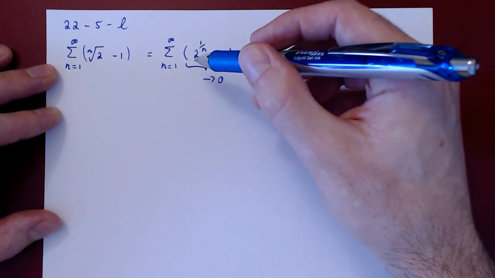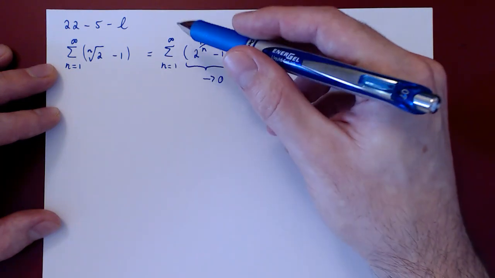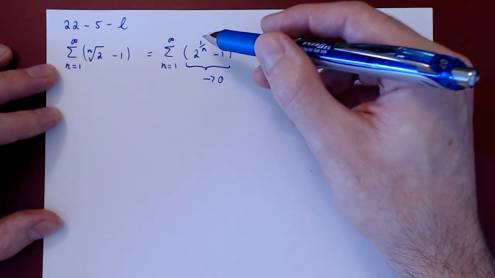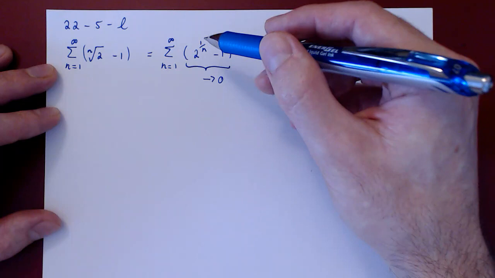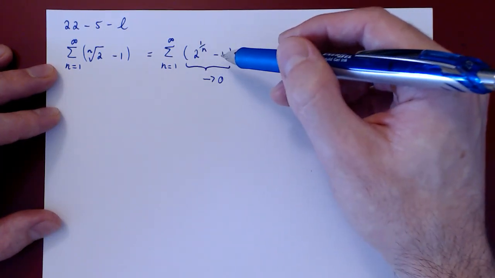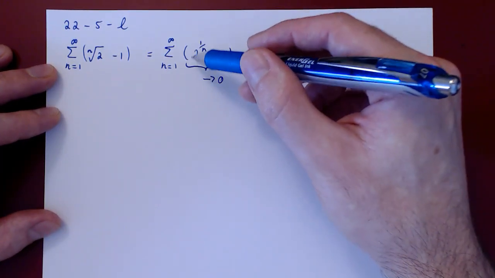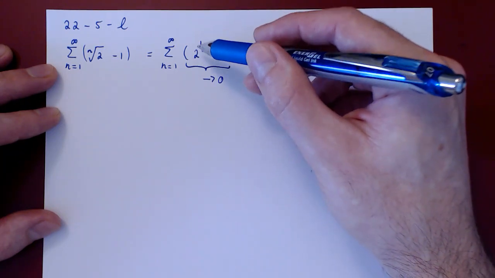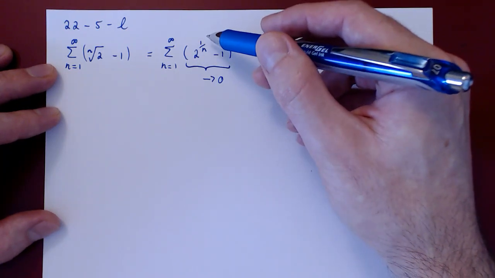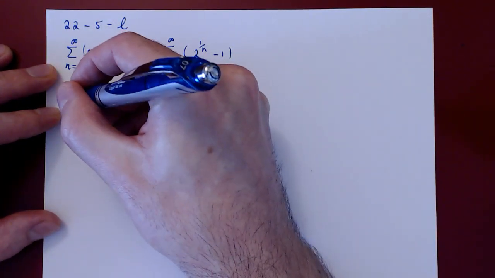If you think about it, as n increases, 1 over n shrinks to 0. So what we're really interested in, since negative 1 is a constant, is the behavior of 2 to a very, very small number. So let's now look at this new problem.